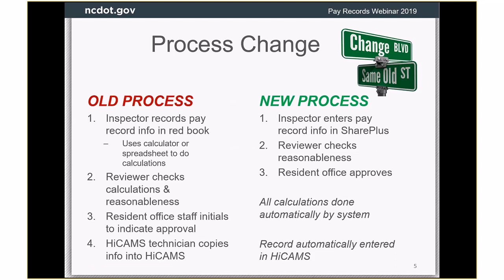And then the resident office would approve it in the same way as you approve a diary, and then nobody will have to copy it into HiCAMS because that will automatically be done for you. So hopefully this will be a much shorter process, save you a lot of time at the beginning of the project. Setting up those red books won't have to be done, and then all through you'd be able to save a little bit of time for all the calculations.